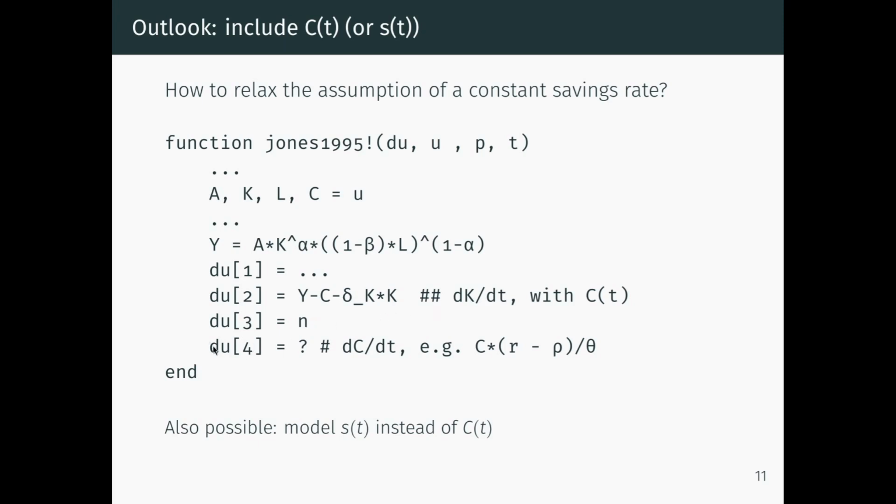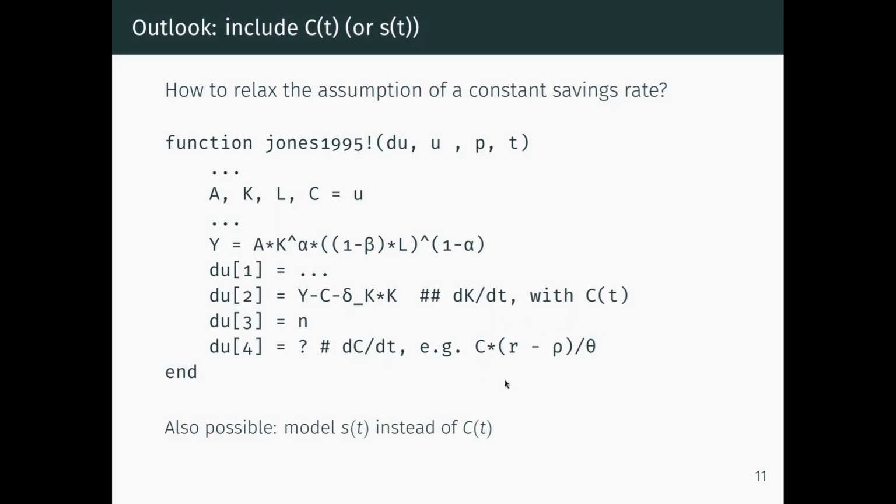And we would have to then additionally include an equation of how consumption changes over time. So the time derivative of big C. For example, one could use such an implementation where R would be the rate of return on assets, rho would be the discount rate, and theta the intertemporal substitution elasticity.